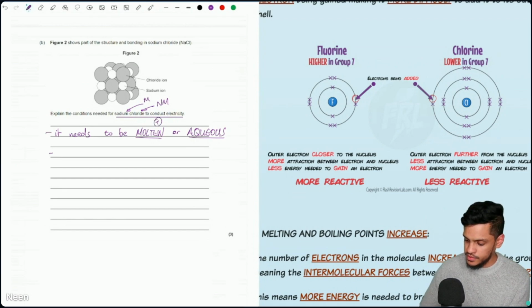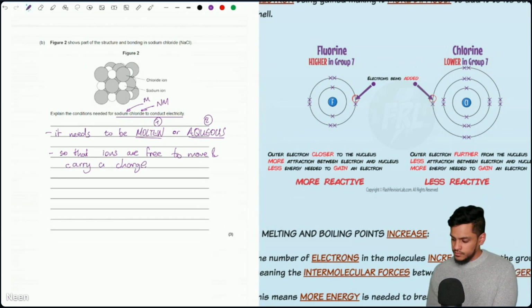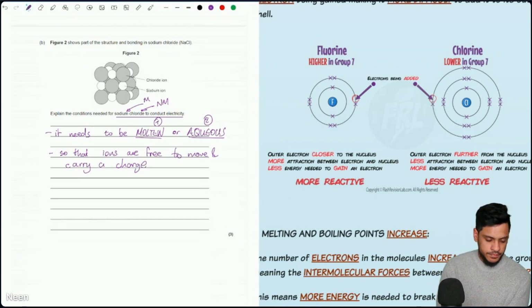You get 1 mark for this, 1 mark for that. 3rd mark, so that ions are free to move and carry a charge. Yeah, well done.